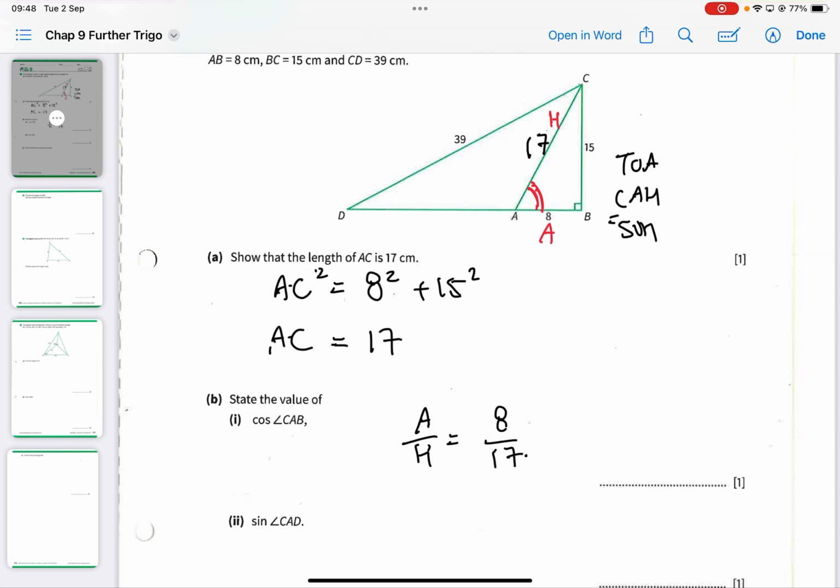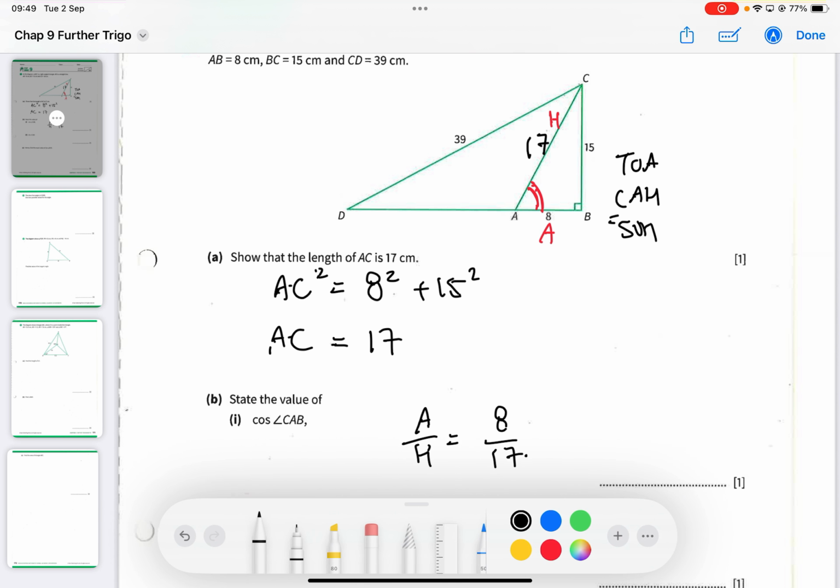So I must go and remember my obtuse angle. The sine of angle CAD, obtuse, is the same as the acute counterpart. So the sine of CAD is the same as the sine of CAB. The sine of these two angles are the same.